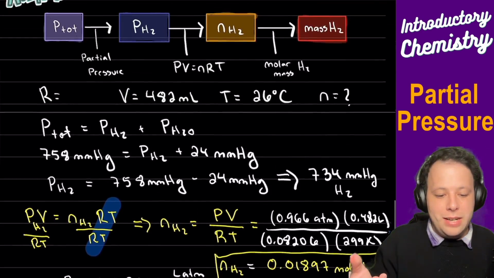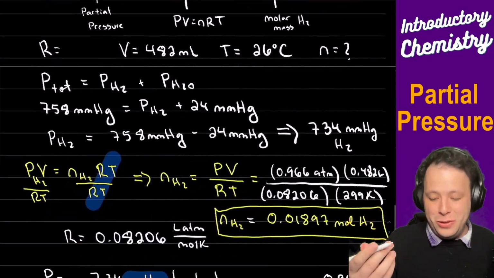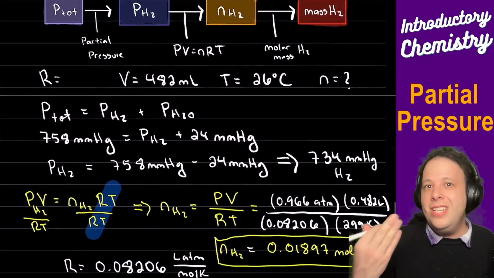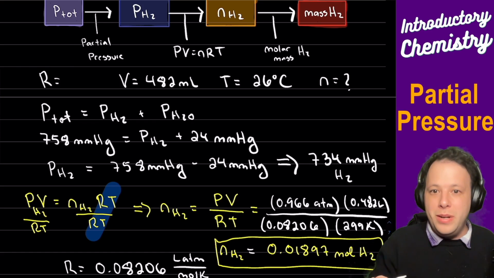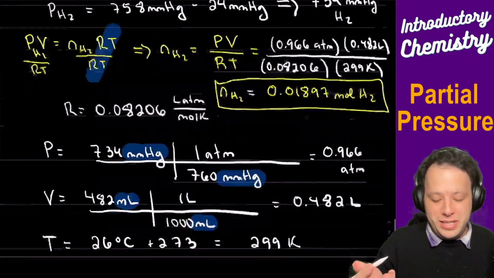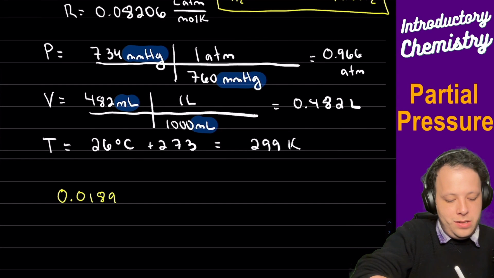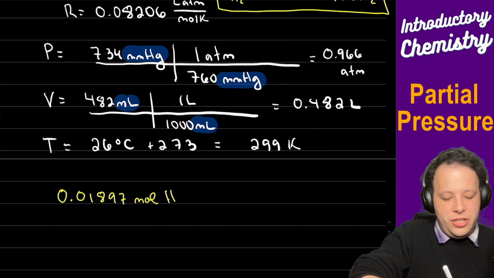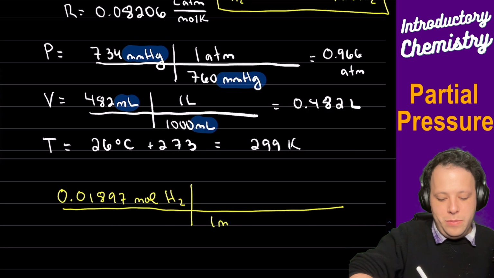Well, our last step was to convert it to mass. How can we get to mass? Molar mass, right? We got our goal, which was the moles. Once you get there, you can convert it to anything you need. So in this case, we use H2's molar mass. We'll take our moles of H2 and cancel out moles with the molar mass of hydrogen.